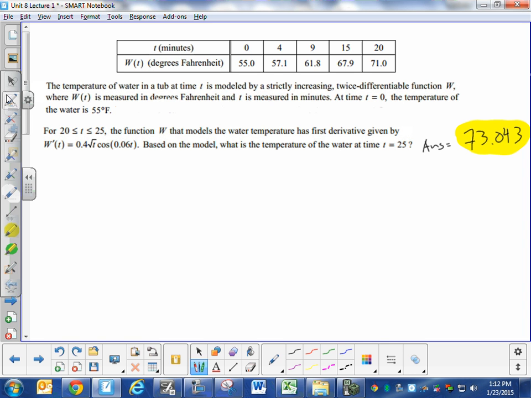You got to read the fine print closer if you got 74. Read the fine print closer. Got it?